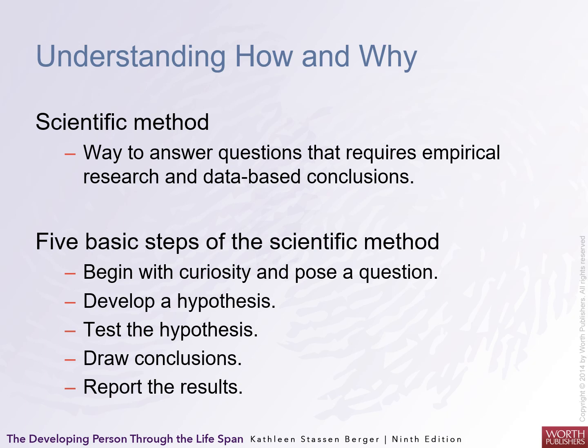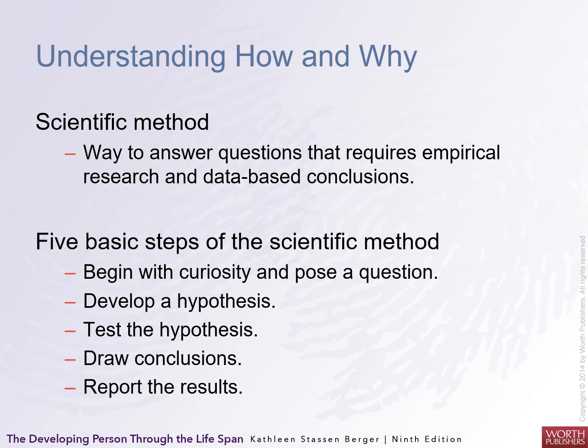Understanding how and why happens by the use of the scientific method, which is a way to answer questions that require empirical research and data-based conclusions. So we're not going to talk about things the way our aunts or grandparents might have. We're going to try to base our decisions on research.